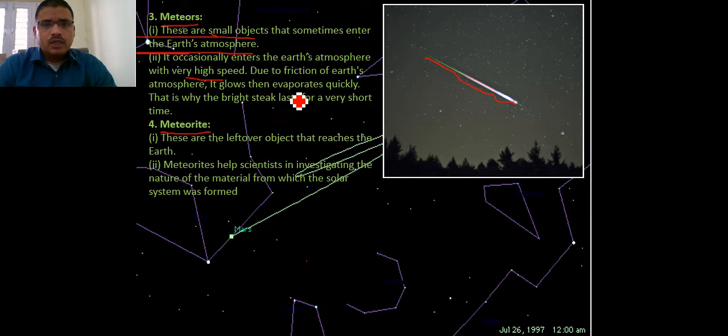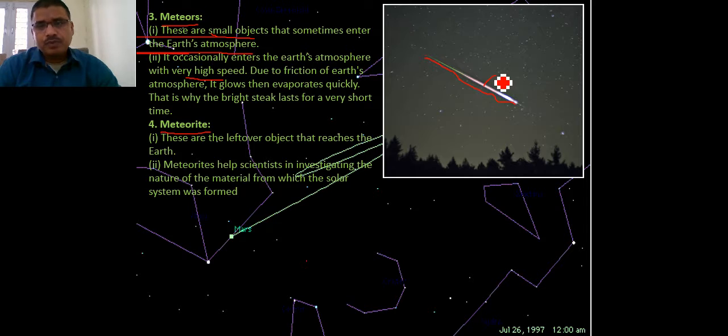Whenever these objects reach the Earth's atmosphere, friction starts, and with that friction the object glows, and whenever it glows, it evaporates quickly.